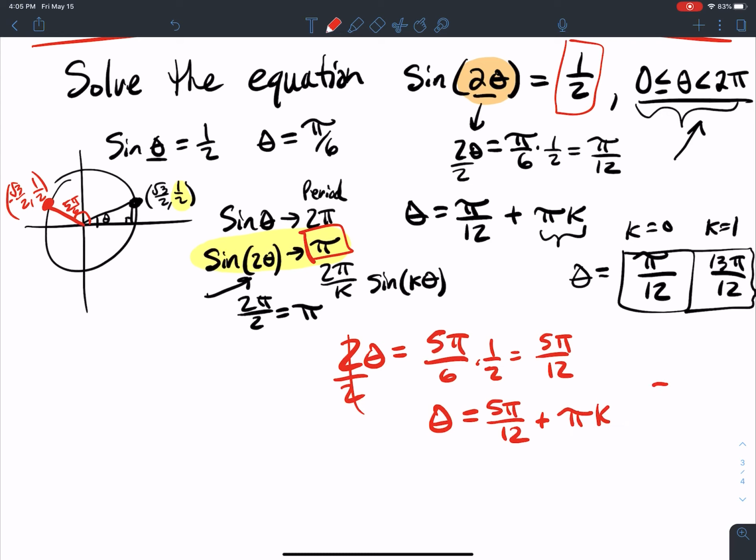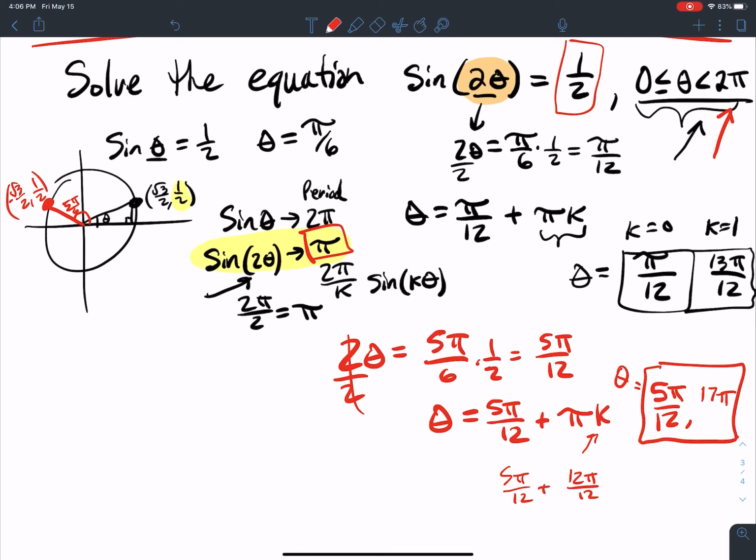Okay, so 5 pi over 12 is a solution for theta. And I want all of them. So if I plug in 1, I get 5 pi over 12 plus, now pi I could write as 12 pi over 12, and then I get 17 pi over 12. Okay? So those are all the solutions.